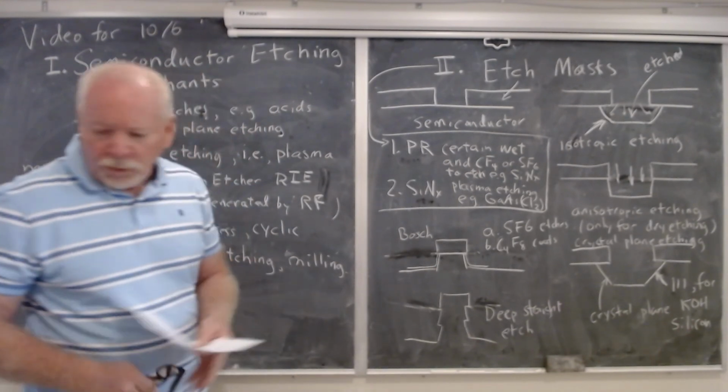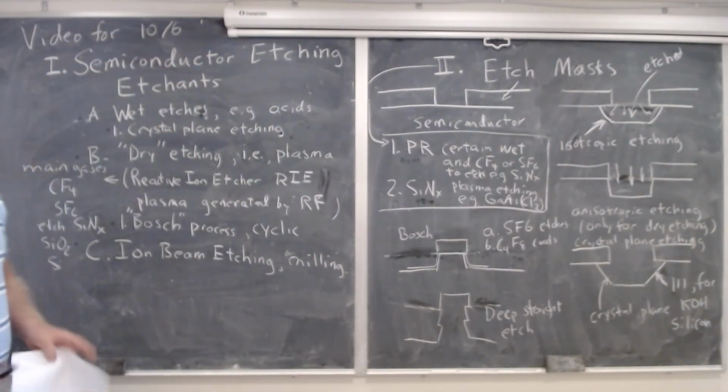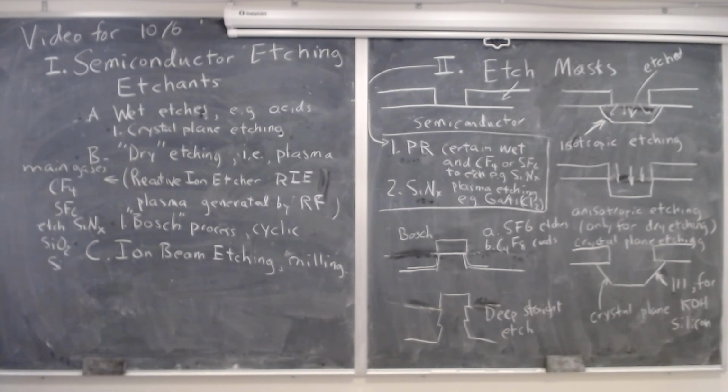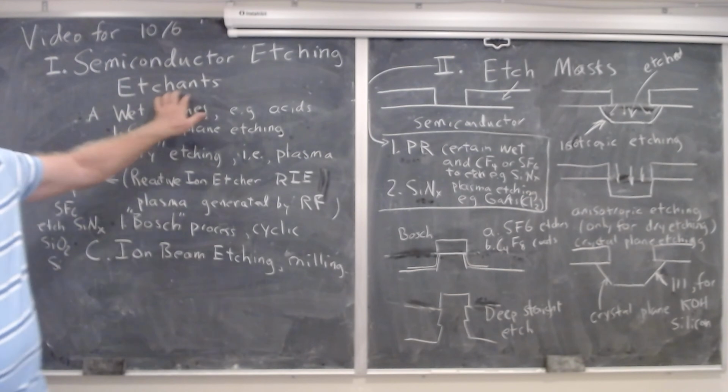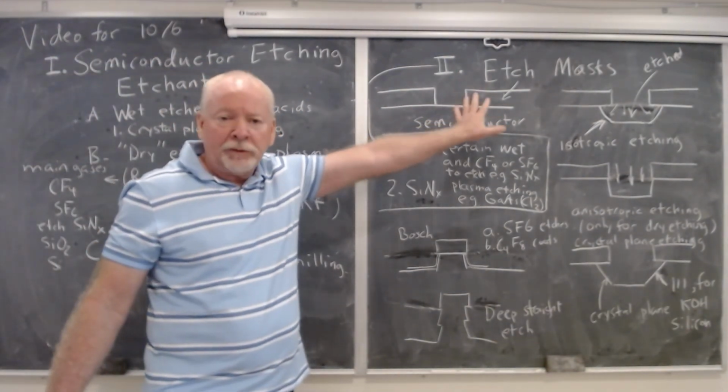Okay, so that's what I wanted to cover today. This board, if you followed it, and you can read my handwriting here, is a nice synopsis of what I want you to understand about etching. There are two things you have to understand: what etchant you use, and what etch mask or stencil on the semiconductor wafer you have to use.